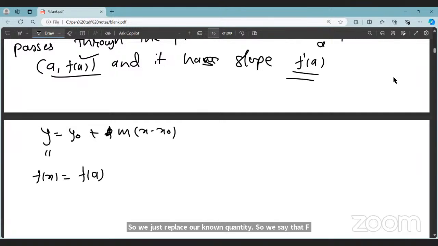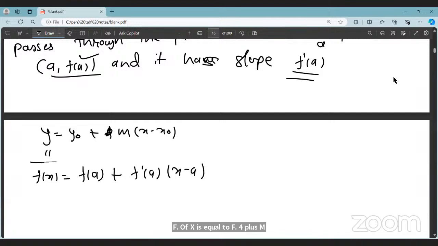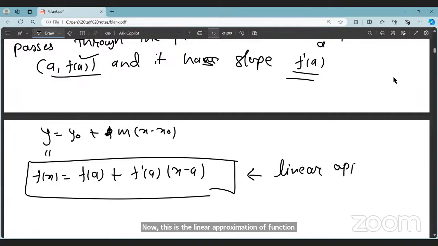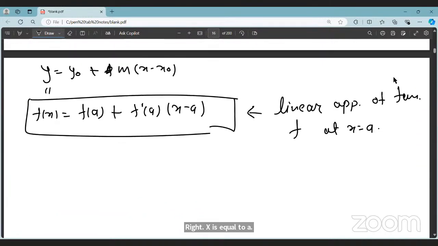So f of x equals f of a plus f dash at a into (x minus a). This is the linear approximation of the function f at x equals a. If someone asks what is the linear approximation of a function at a certain point, then this will be your answer.